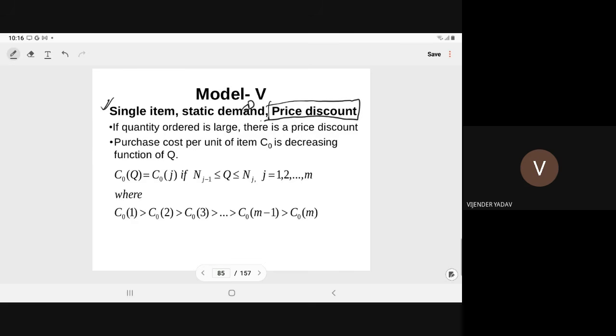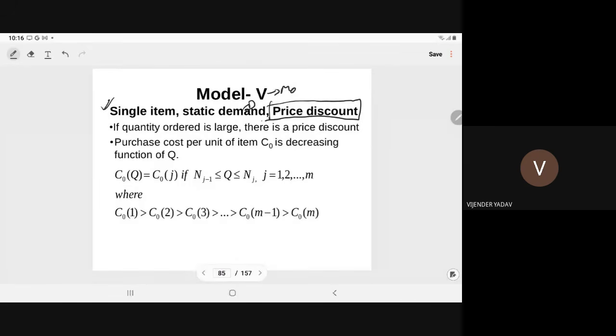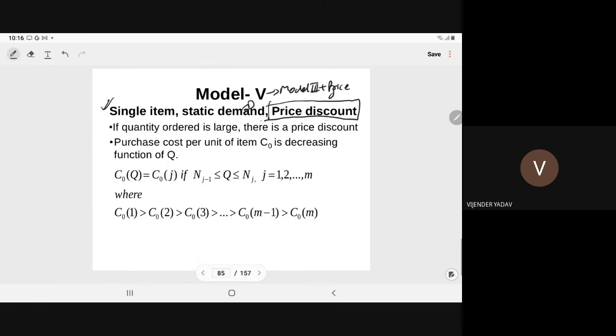If you purchase more than 200 items, the unit price is a little lesser. If you purchase more than 500 units, the unit price is lesser still. So in that way we have the discount. Now we will study model 5. Model 5 is the modification of model third plus price discount.